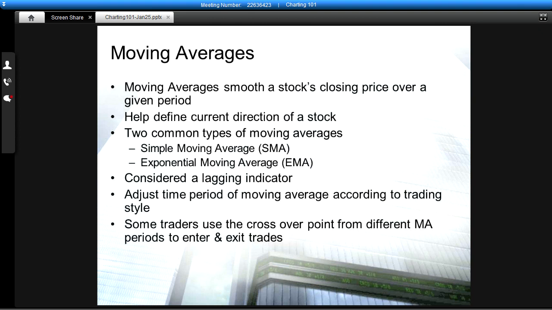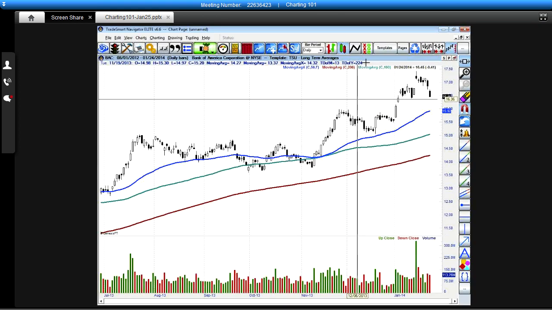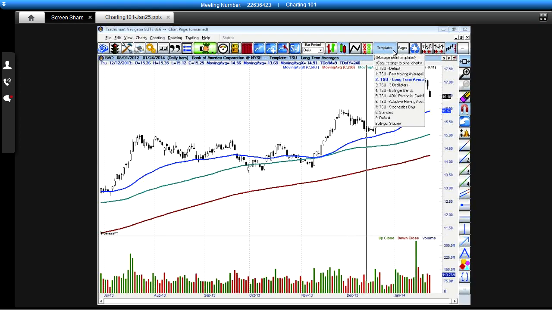So let's say a 9 simple moving average and a 30 moving average, and they'll buy when the 9 crosses the 30, and then they'll sell when it crosses back down. But that's just a very simple example of what they do. So we'll go back here and look at the moving averages.